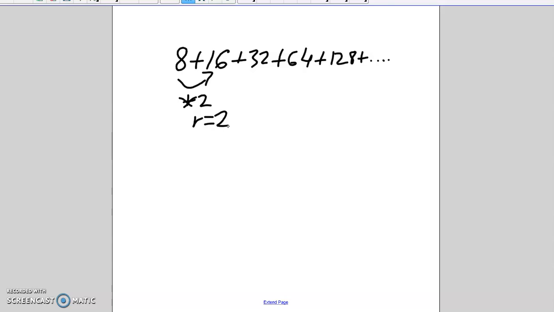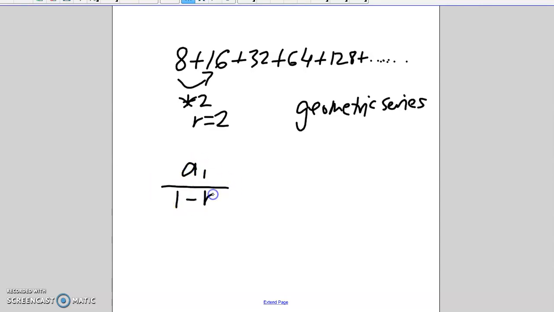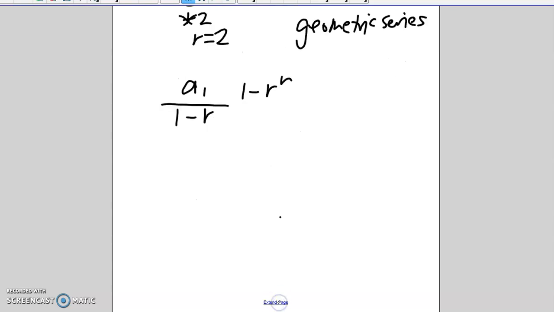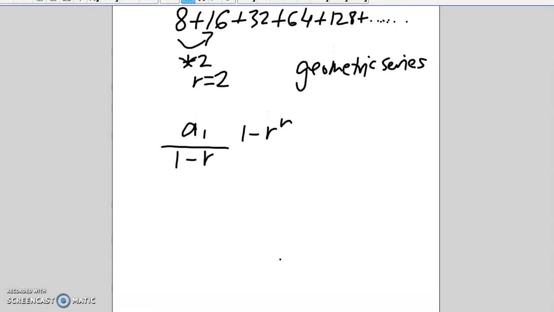Now, if I was to keep adding, these terms are going to get larger and larger here. So this is a geometric series. And if I was to use my sum formula here, a sub 1 over 1 minus r times 1 minus r to the n, let's plug in some values here.